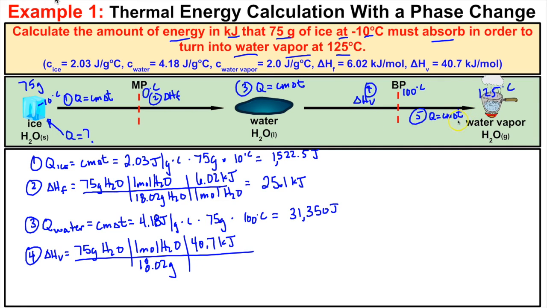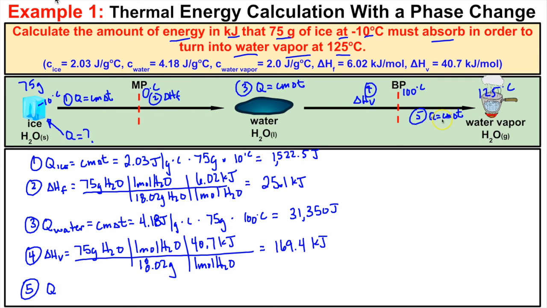It's absorbing thermal energy and turning into water vapor. We'll get our calculator out: 75 divided by 18.02 times 40.7, and we end up with 169.4 kilojoules.